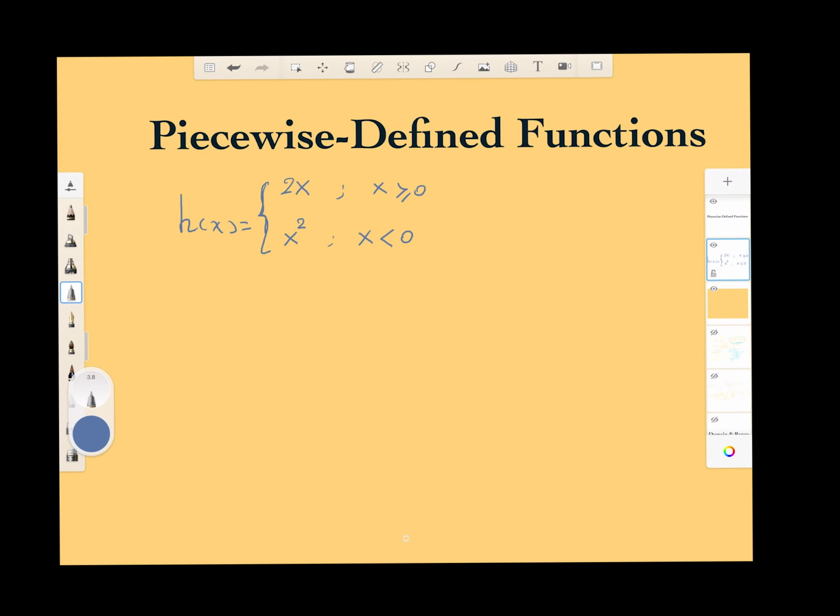This type of function, one function with two pieces, is called piecewise. Sometimes 3 or 4 different functions belong to one function.